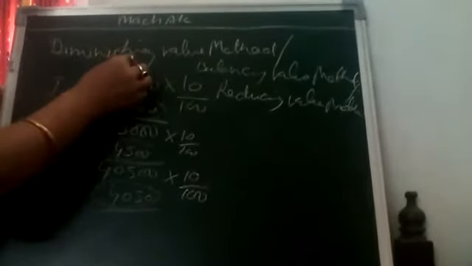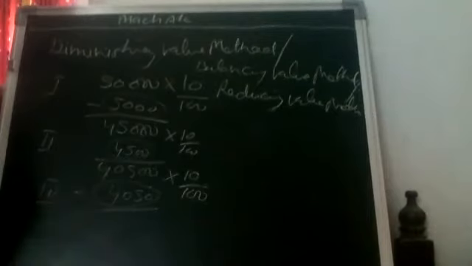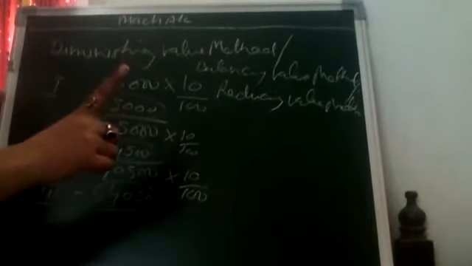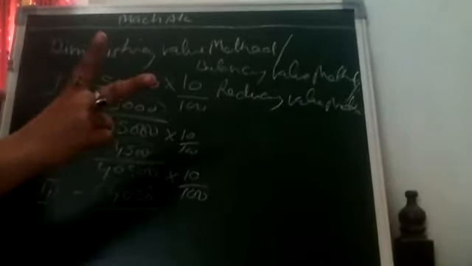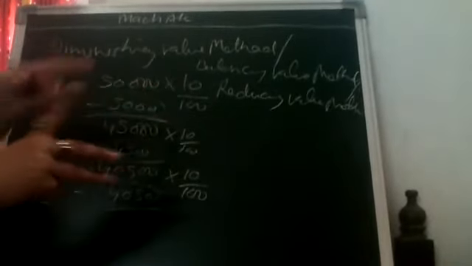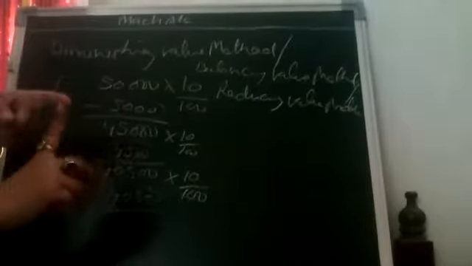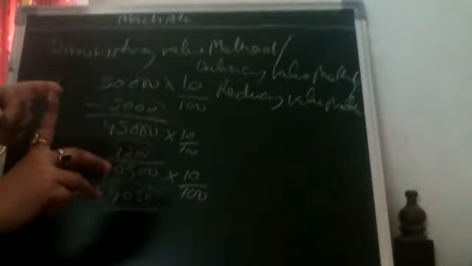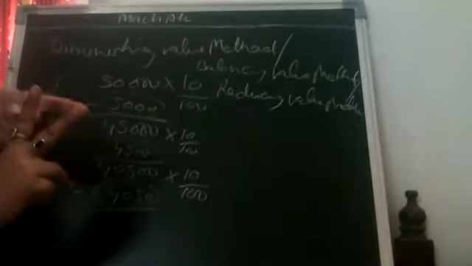Okay, so there are three names here. In the original cost method, there were also three names. What were these? First was original cost method, fixed installment method, straight line method. With these three names, it is denoted that in the original cost method, every year the depreciation will be charged on original cost. In the fixed installment method, the depreciation amount will remain fixed.